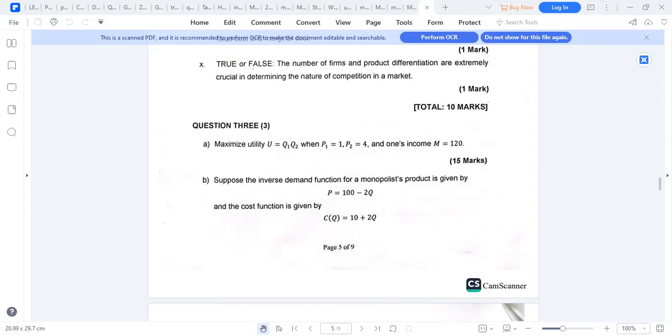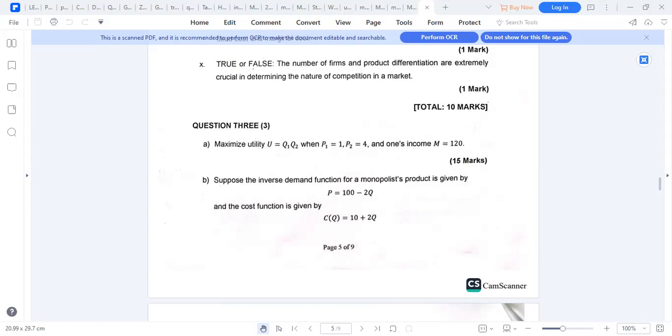So we'll first find the budget line, which is our income, which is equal to 120, is equal to P1, which is 1, plus P2, which is 4. Correct.